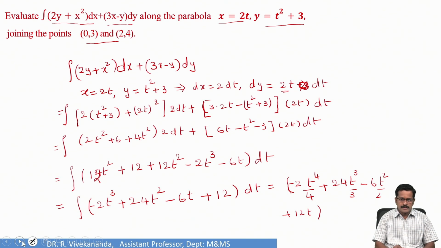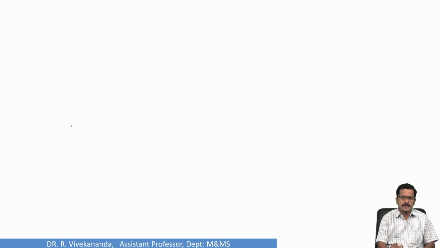Here the points are 0, 3, the line joining 0, 3 to 2, 4, and x is 2t and y is t square plus 3.